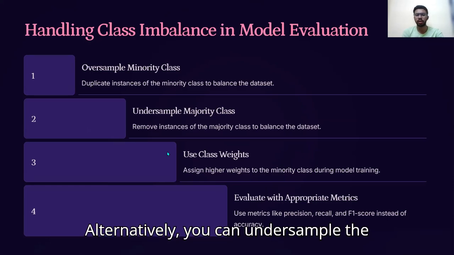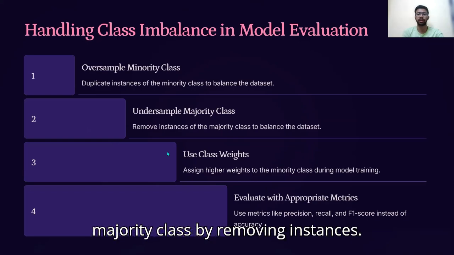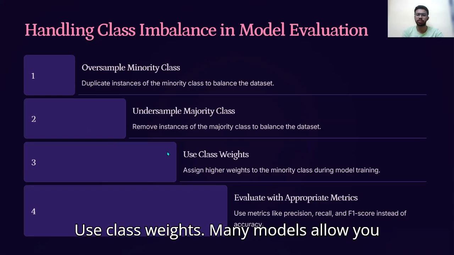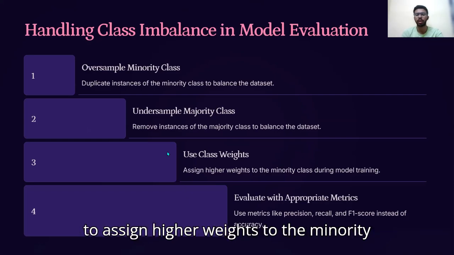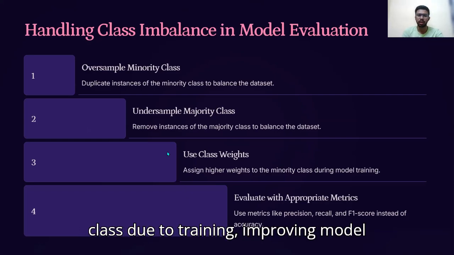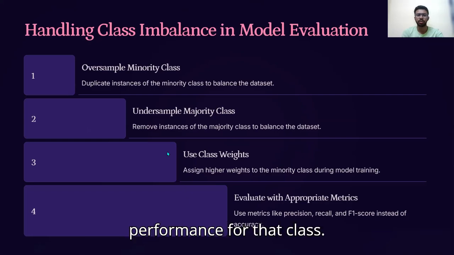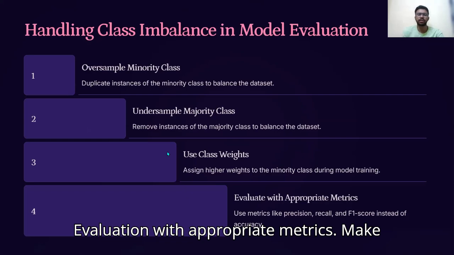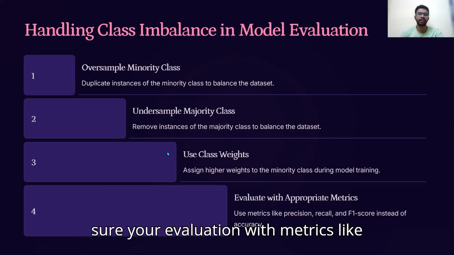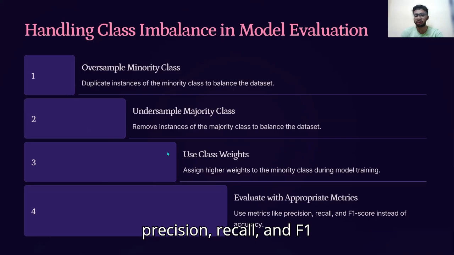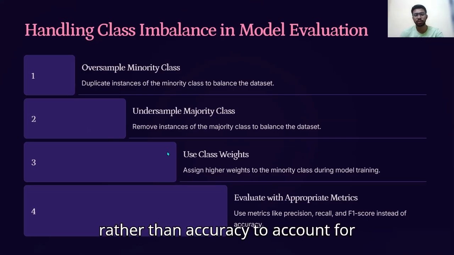Alternatively, you can undersample the majority class by removing instances. Use class weights. Many models allow you to assign higher weights to the minority class during training, improving model performance for that class. Evaluate with appropriate metrics. Make sure you evaluate with metrics like precision, recall, and F1 score rather than accuracy to account for the imbalance.